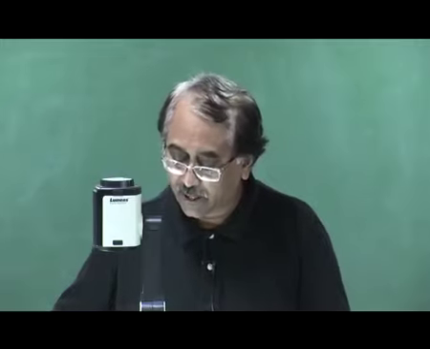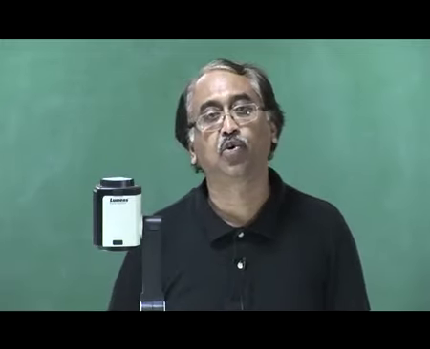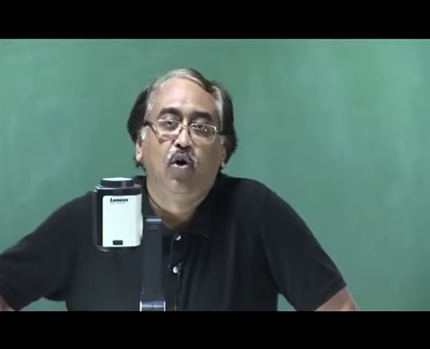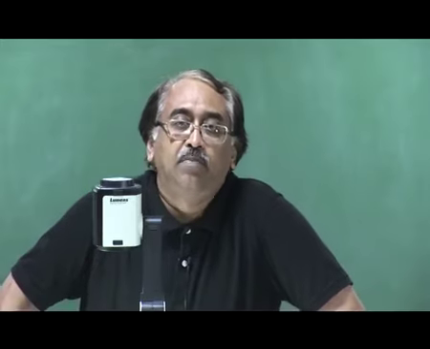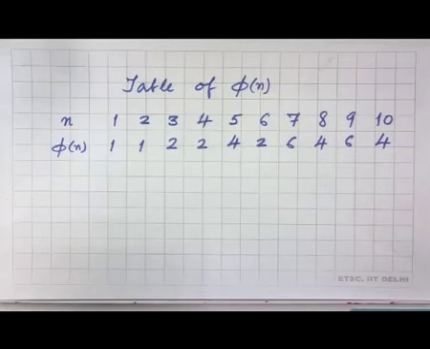I have a little table to compute phi up to 10. Unlike dn, this is not a function that grows very rapidly. In fact, it doesn't even grow. It is not an increasing or a decreasing function. The behavior of phi n is kind of random. It climbs, then comes down, and then climbs, and you don't really know what's happening here. Actually, phi n is related to the way that n factorizes into prime numbers.